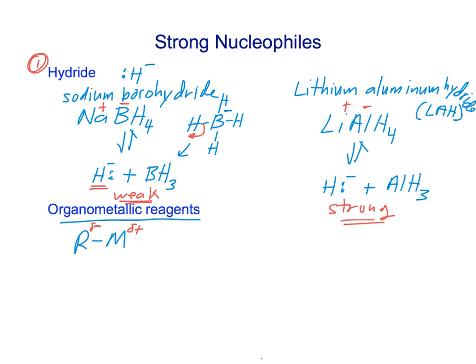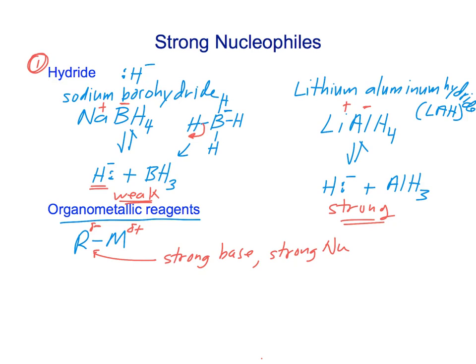So we're putting electron density on the carbon, and it makes the carbon act as a nucleophile or a base. So this alkyl group, or whatever it is, is going to be a strong base and a strong nucleophile. This is a way to make a carbon nucleophile.